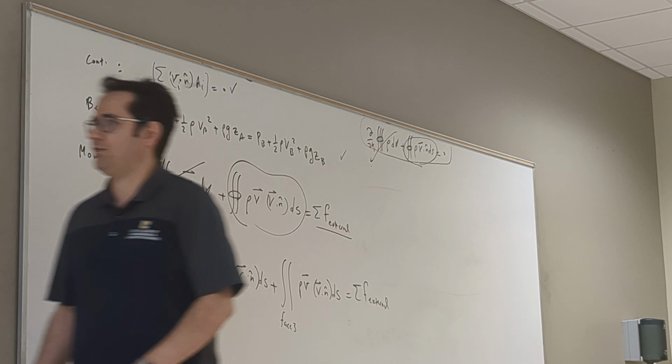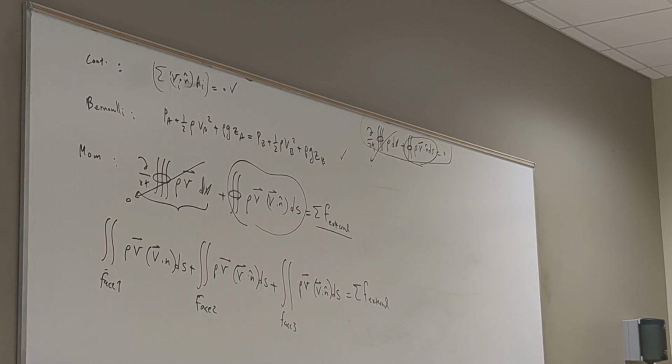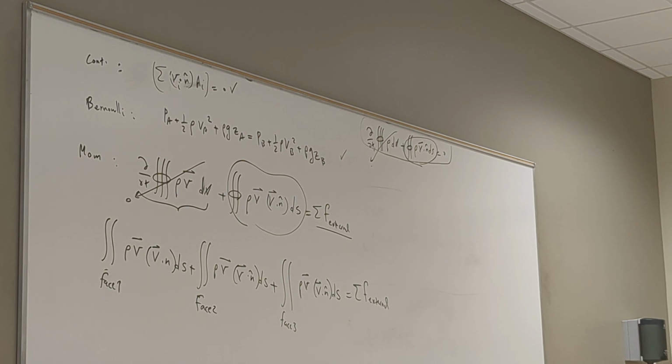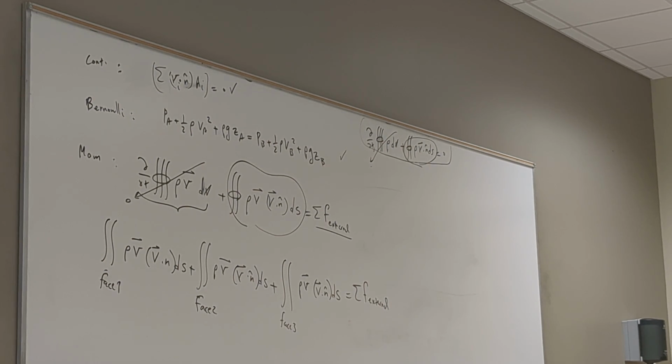Which one is phase 1, phase 2, phase 3? Let's say B is phase 1, and let's say A is phase 2. And then the one around it, phase 3, is a cone. You see that? It's a cone.